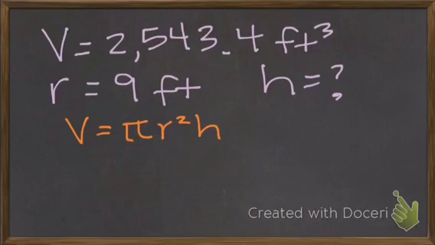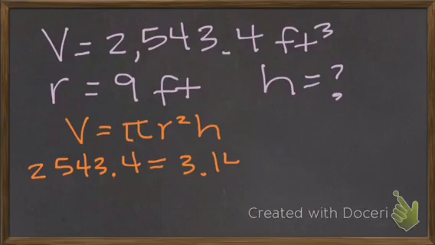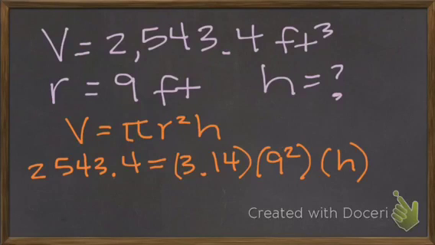Plug in what we know. Volume is 2,543 and 4/10 equals pi times radius squared times height. Okay, I'm going to go ahead and do 3.14 times 9 squared, which is 3.14 times 81.